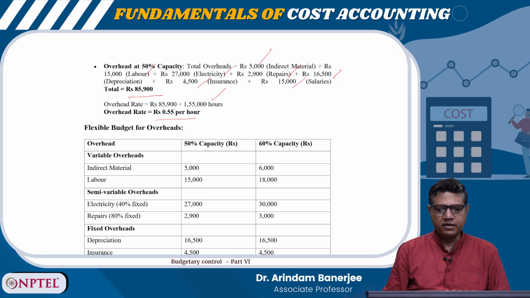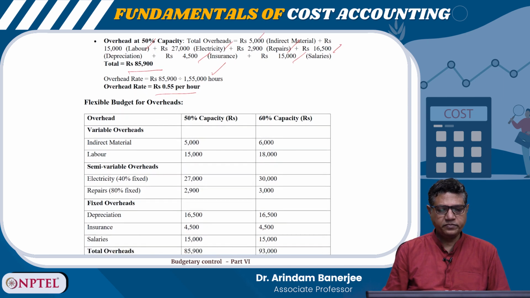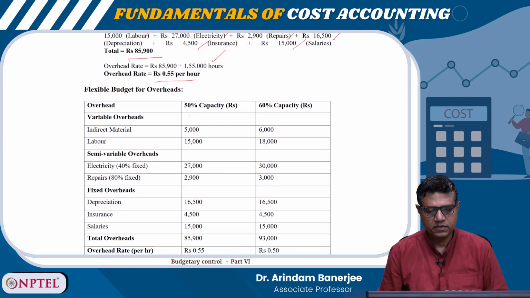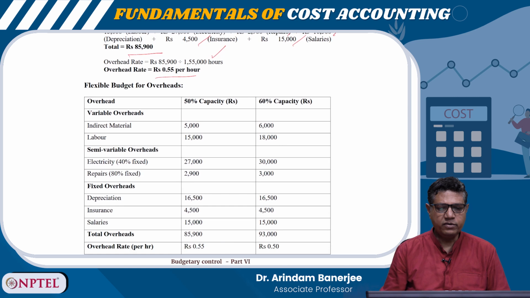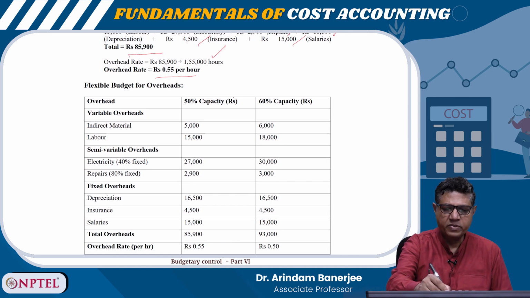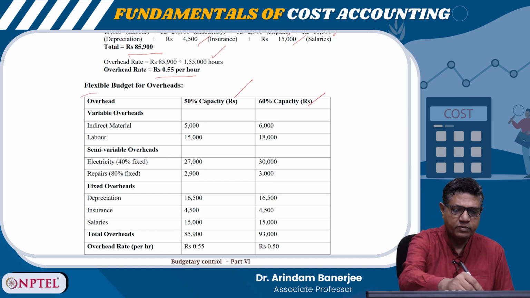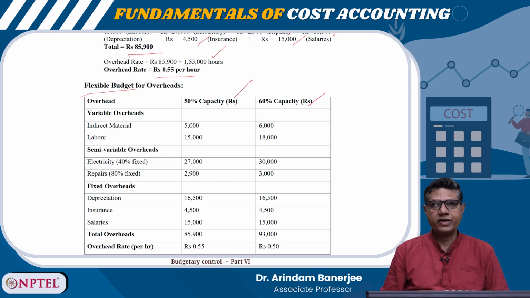Now, I can write this in a tabular form. So, you can see here, this is 50% capacity, this is 60% capacity. This is the flexible budget for overheads.